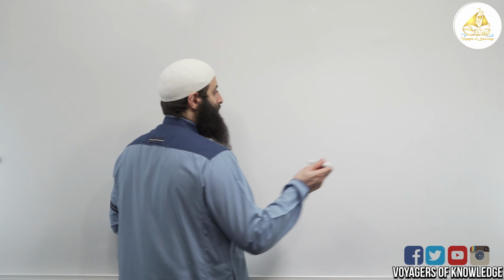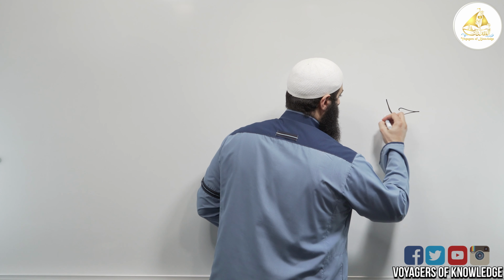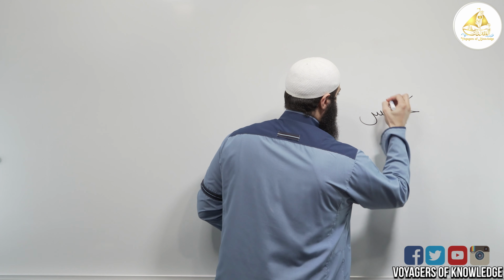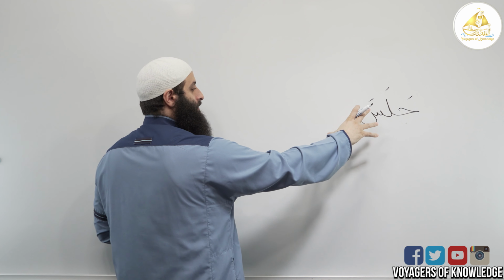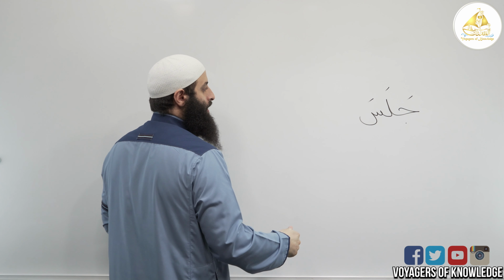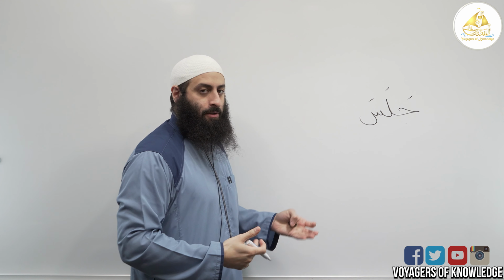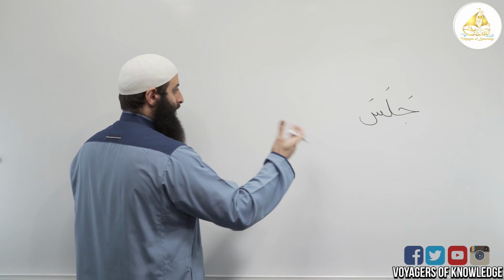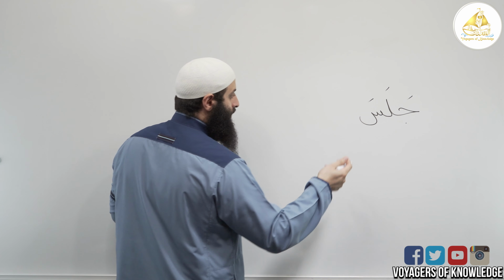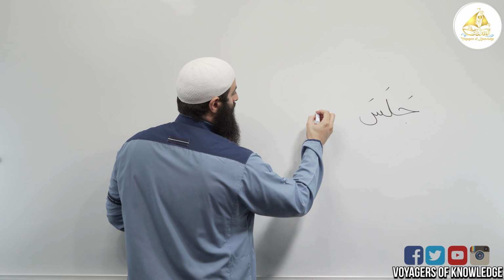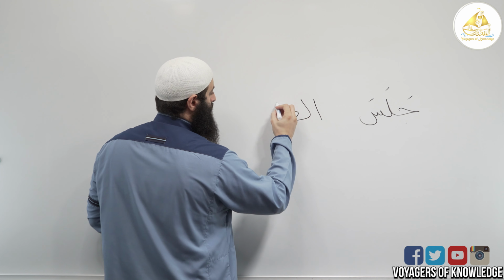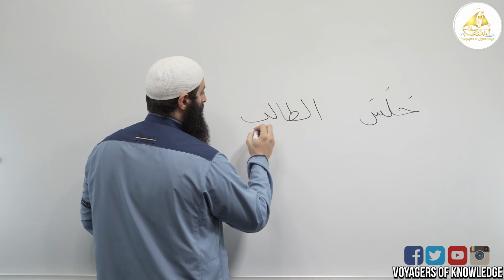You remember when we said that when we have a verb, you have the fi'l, the verb. And we said there has to be after it a fa'il, the one doing the action. So here it says جلس الطالب, right?